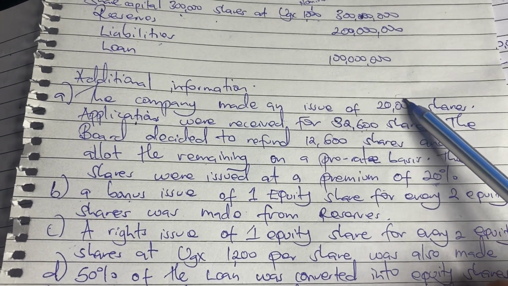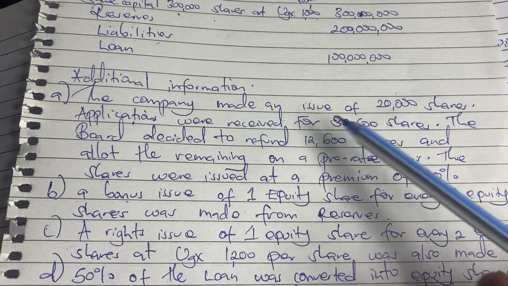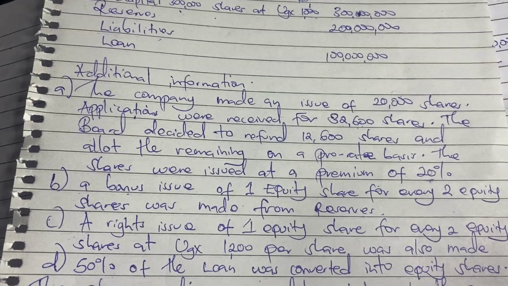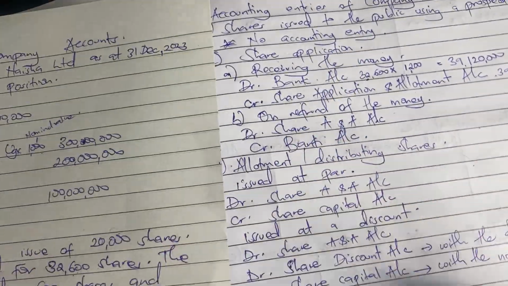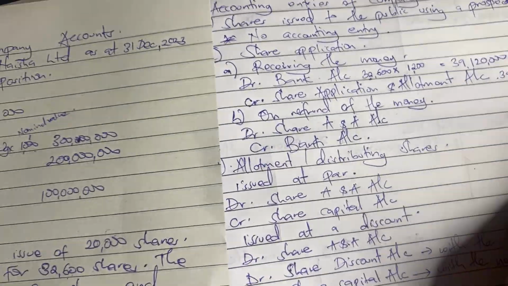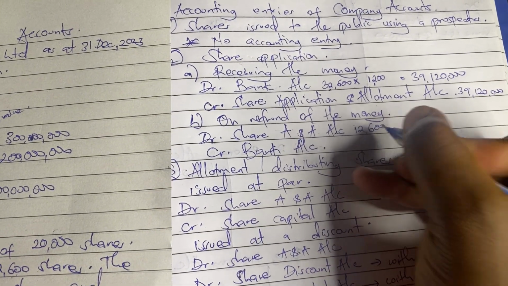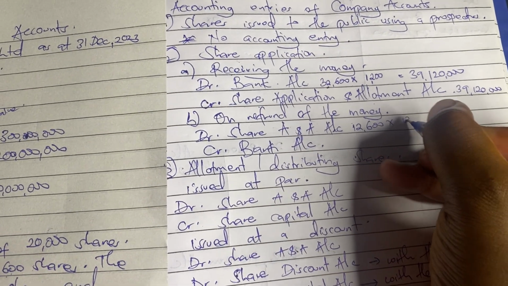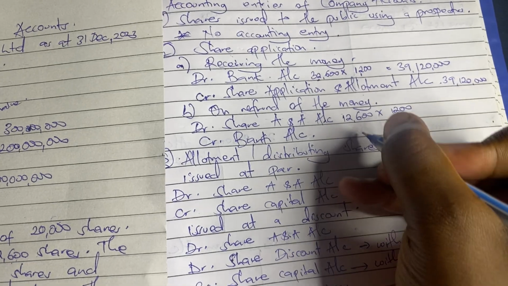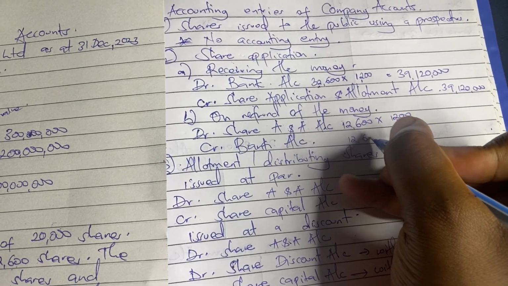So this minus this, we get this. So they will have to refund that excess money. So on refund, they're refunding money for 12,600 shares, like that.